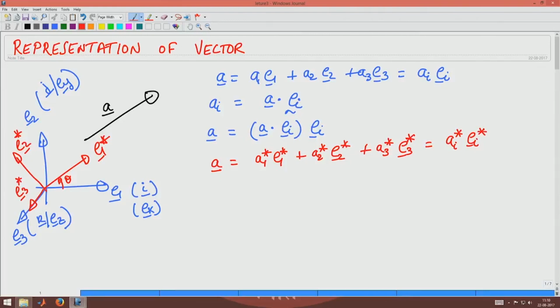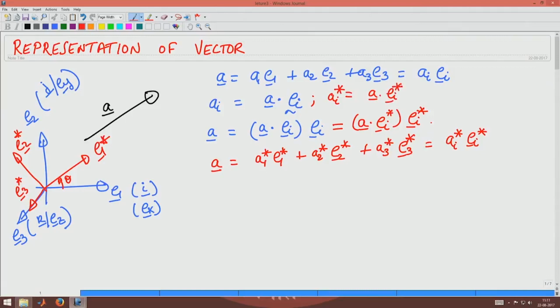Or I can write this A as A dotted with Ei star, Ei star. Okay. Same thing, where similar to this, I will have Ai star given by A dotted with Ei star.